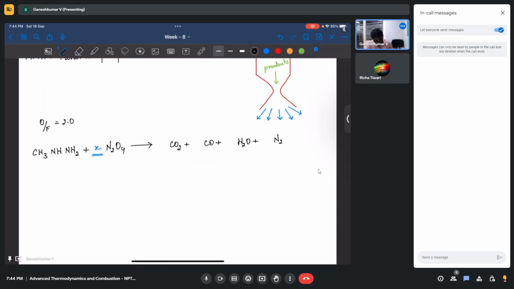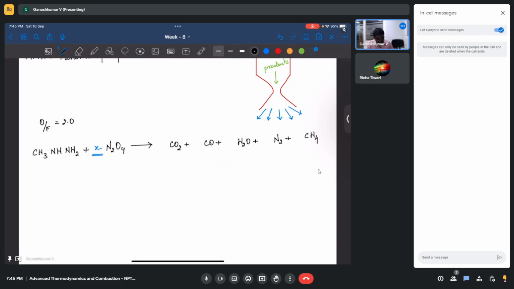Do we have methane also? Why not? Methane should be there in the products, right? Because we have a methyl group, if the bond breaks, you can have methane also, CH4.